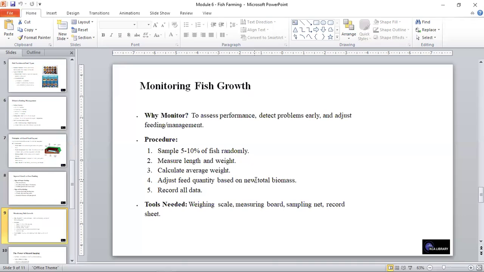Another thing is you calculate their average weight. Also, you adjust feed quantity based on new total biomass, and you record all this data. The tools you need are the weighing scale, the measuring board, sampling net, and a record sheet.